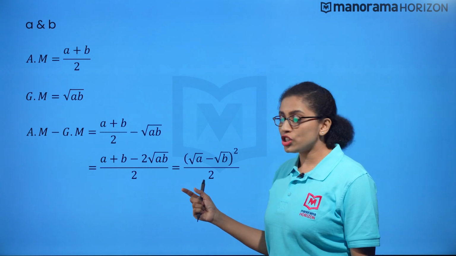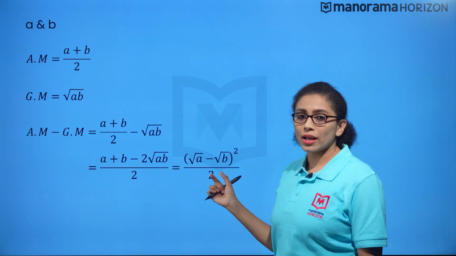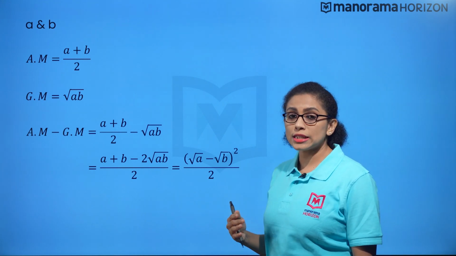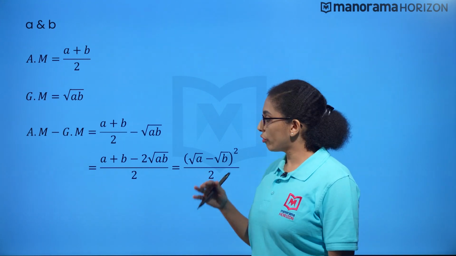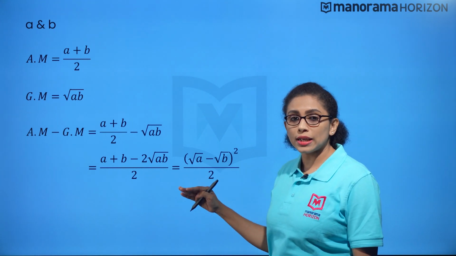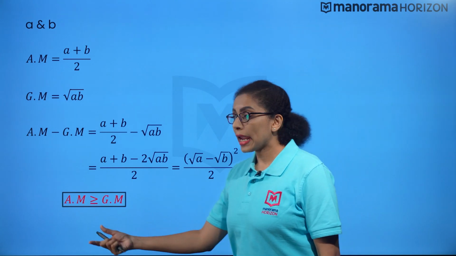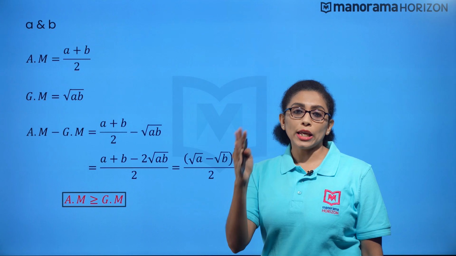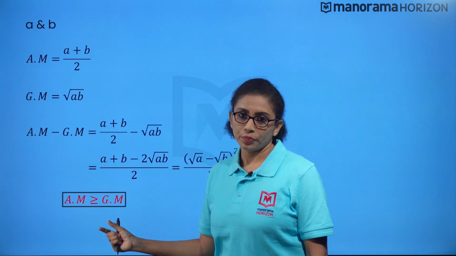And on rearranging, we get it as (root a minus root b) the whole square divided by 2, which is greater than or equal to 0. So from this, we obtain the relationship that AM is always greater than or equal to GM.